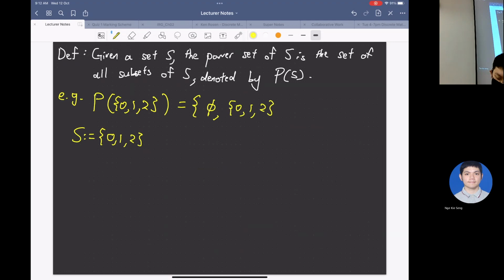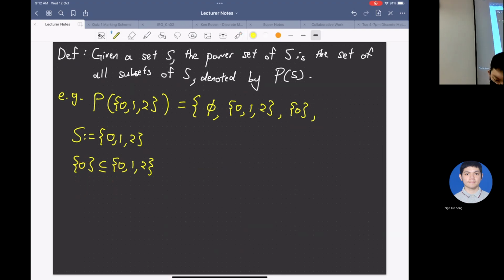Okay, what are the other subsets here? For example, the set containing 0. The set containing 0 is a subset of {0, 1, 2}. So that means for every element here, it is an element here. So 0 is in here.